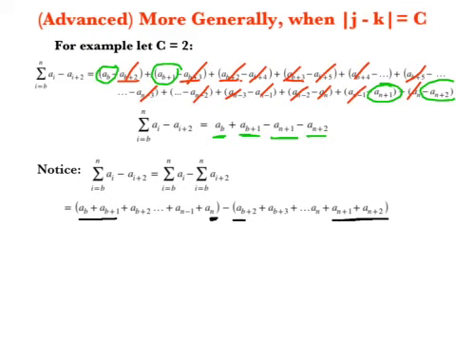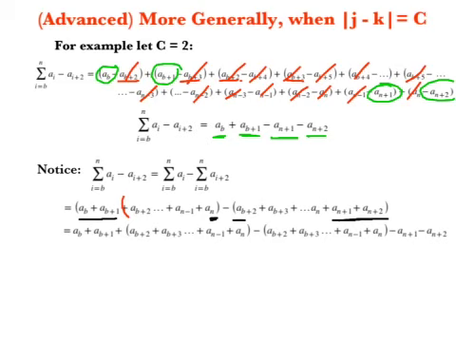And so we can rearrange this and recognize that this portion in here, a sub b plus 2 up to a sub n, and this a sub b plus 2 up to a sub n term will cancel each other out because of the negative sign here.